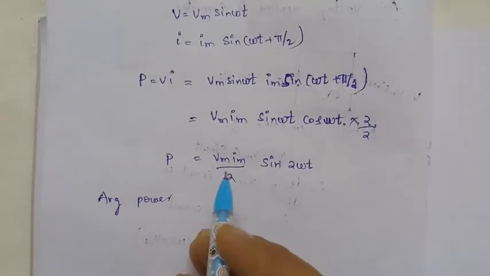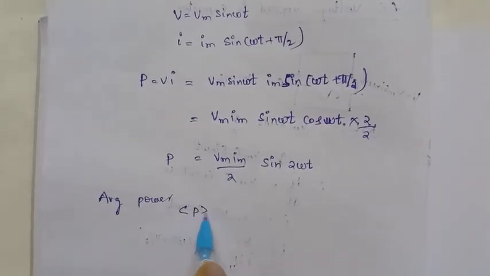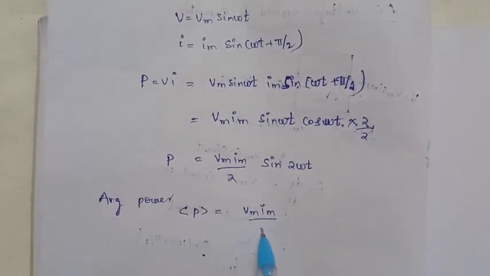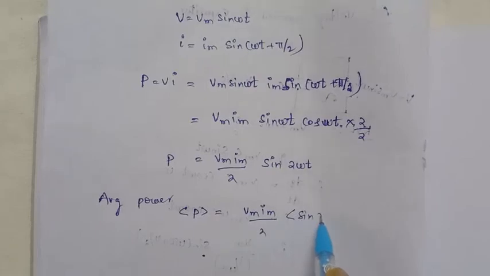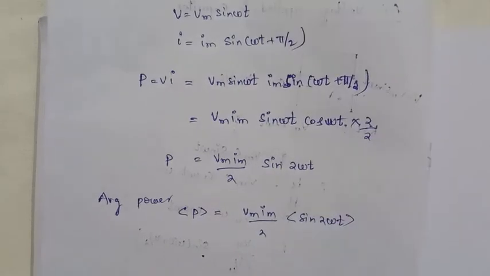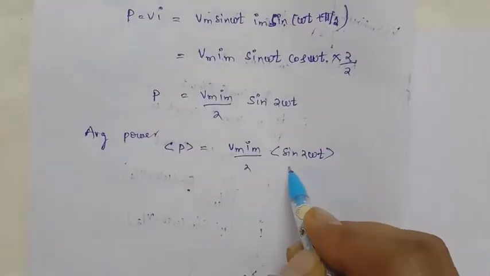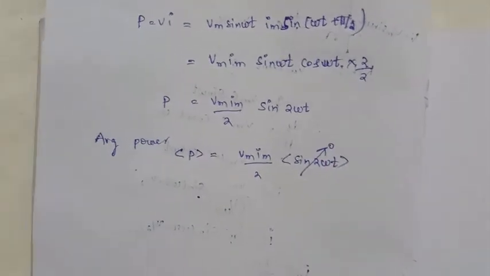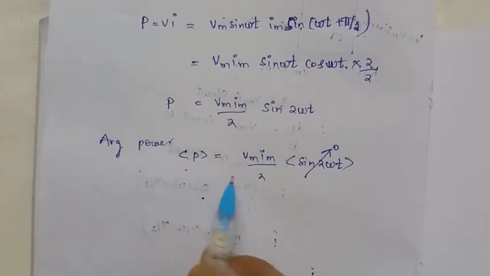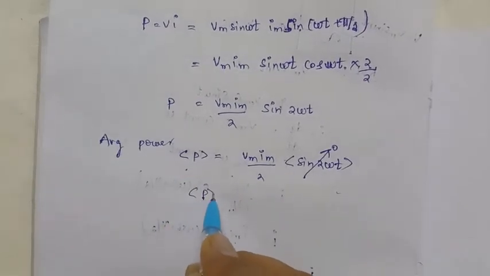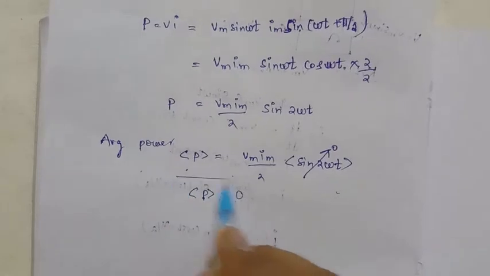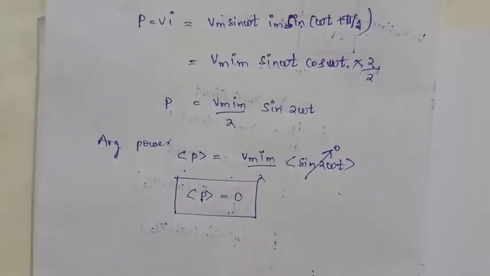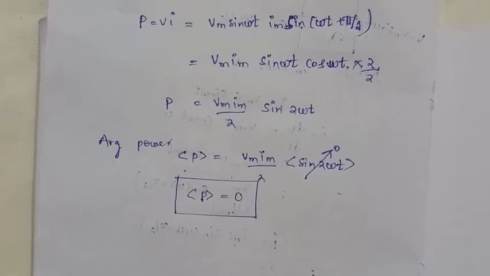Vm Im upon 2 times the average value of sine 2 omega t. The average value of sine 2 omega t is equal to 0, so the average power is equal to 0. In case of a capacitor, as with an inductor, the average power for a complete cycle is equal to 0.